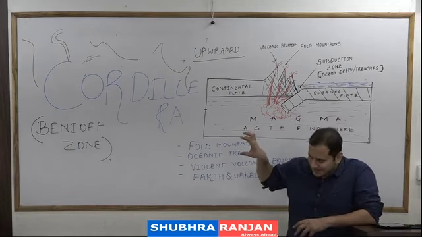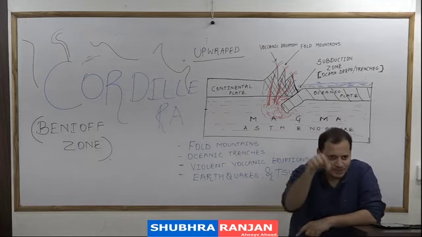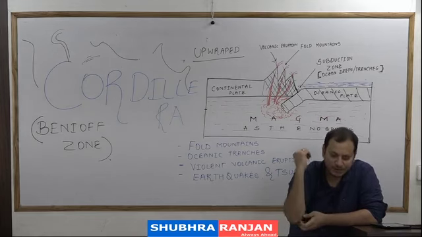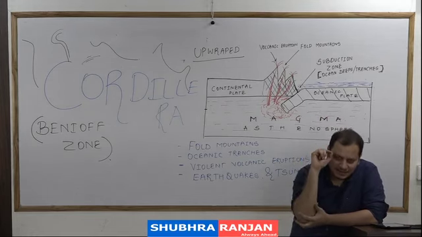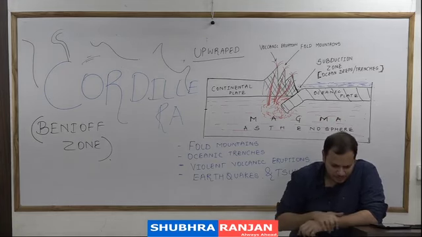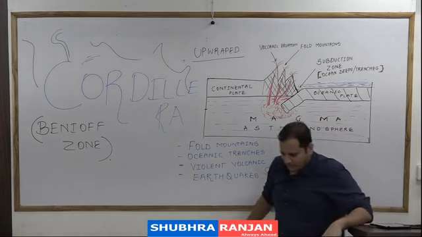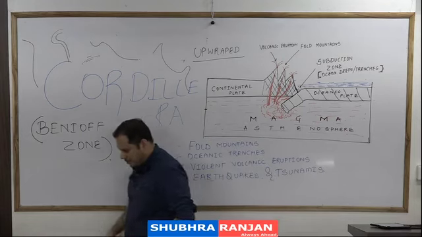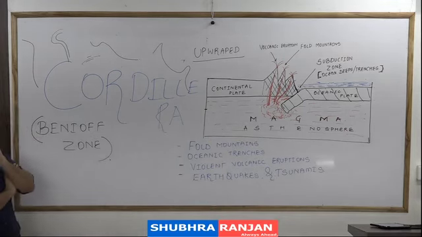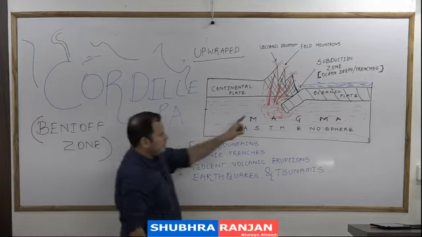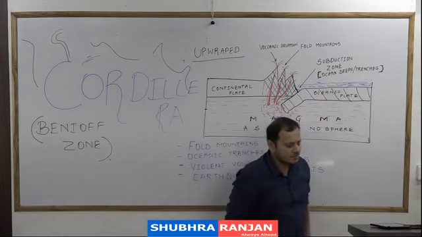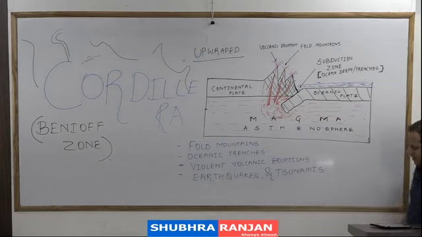Because it was Benioff who discovered the zone of subduction, hence the name Benioff zone. The zone of subduction, the Benioff zone, contains the deepest points on the earth, known as trenches. You already know the other name for trenches? Ocean deeps are known as trenches.